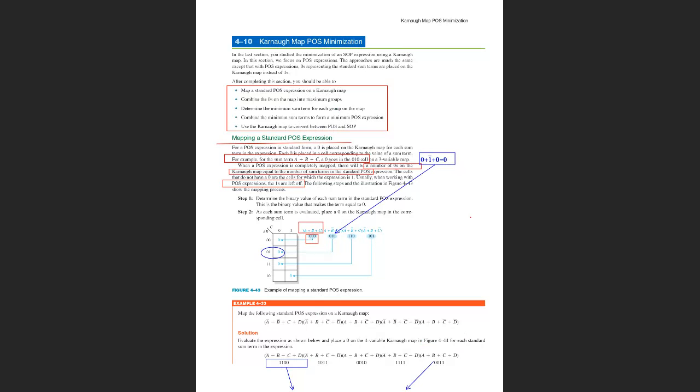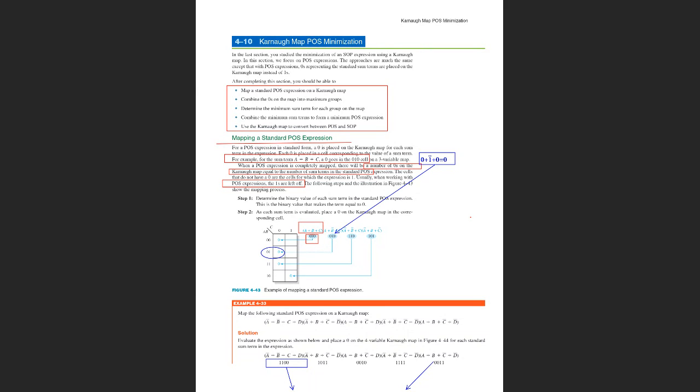So let's take a look at the Carnot maps for POS minimization. How do you map a standard POS expression? If the expression is not in standard form, you have to modify it into standard form. And once we have standard form, you have all combinations of all variables. Now, in contrast to SOP, whenever a sum in POS is 0, we put 0 in the corresponding cell.